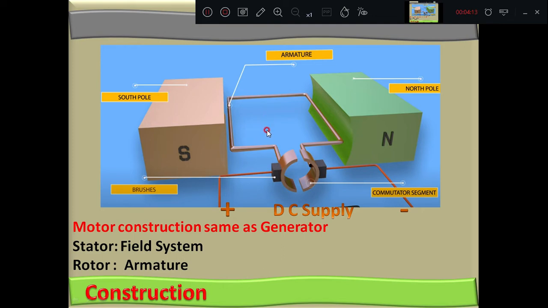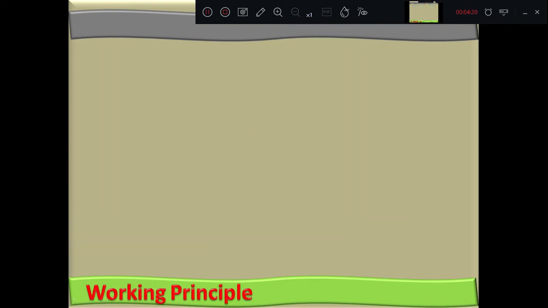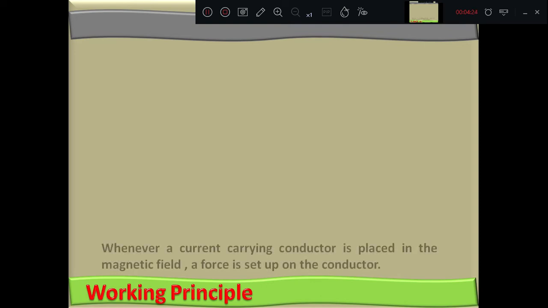Then how exactly the motor works, that we'll see now. The working principle. Working principle is very simple. That is, whenever a current carrying conductor is placed in a magnetic field, a force is set up on the conductor. That is, when you are placing a current carrying conductor under a magnetic field, a force is exerted on the conductor.